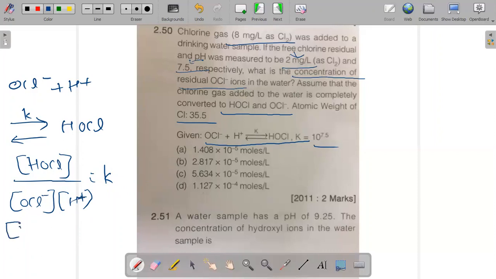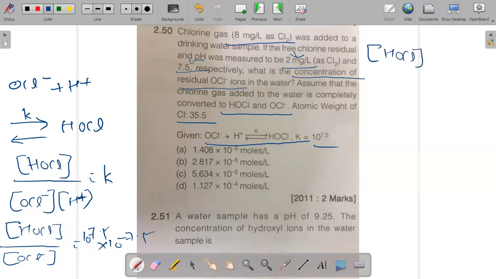So HOCl upon OCl minus is equal to 10 to power 7.5 times 10 to power minus 7.5. So they cancel and we'll get a value of 1. So HOCl is equal to OCl minus.